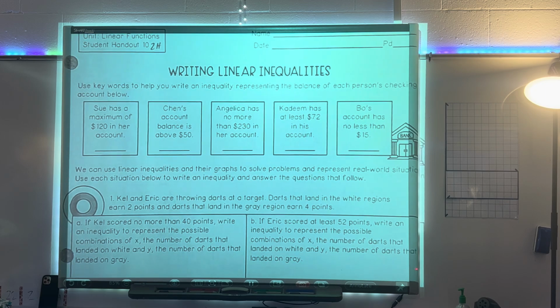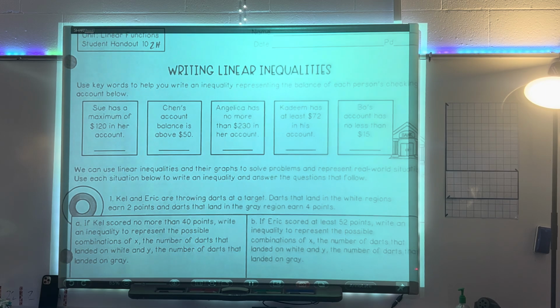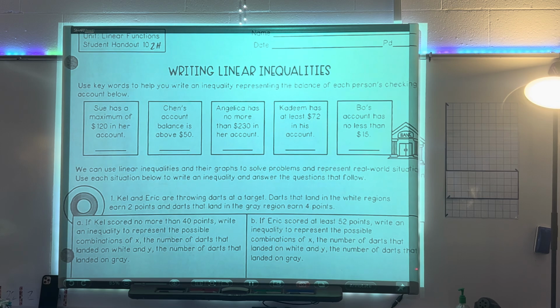All right, so they just want us to write a single inequality here that we would like to put on the number line. Does that make sense? And I'm going to use X every time because I prefer X. So it says Sue has a maximum of $120 in her bank account.